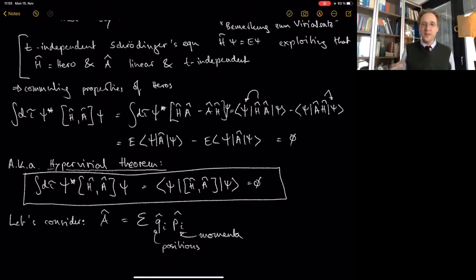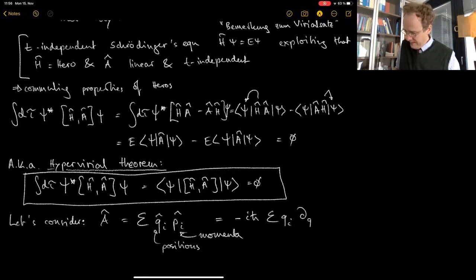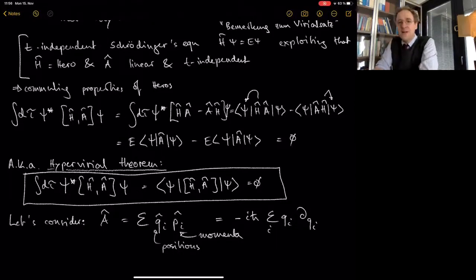These are the fundamental variables in Hamiltonian mechanics, and so it's quite natural to ask for an operator that would encode them, and using their product is also something very natural. And so we know in quantum mechanics that our momentum then should be minus i h bar times the derivative with respect to Qi. Okay. So you have really here the variable times the derivative with respect to that variable.